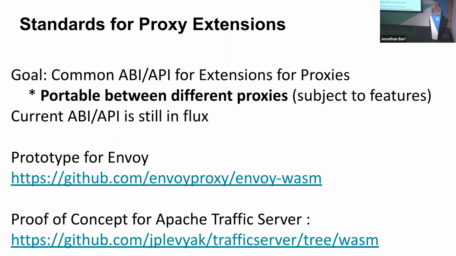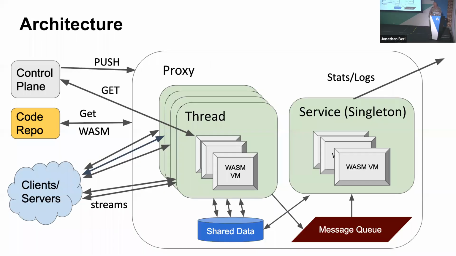Currently what we have is a prototype in Envoy, and that's the URL. And we have a proof of concept in the Apache Traffic Server that implements the same ABI and API. And I will hopefully be able to demo that later on.